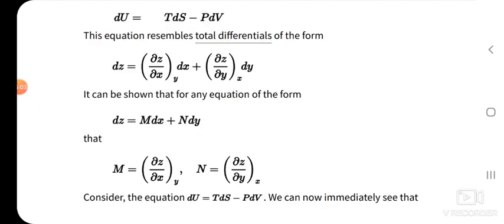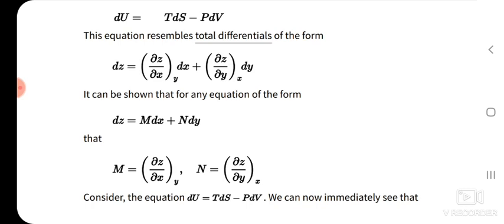So the differential form of internal energy U is dU equal to TdS minus PdV. This equation resembles the total differential of the form dz equal to dou z by dou x at constant y into dx plus dou z by dou y at constant x into dy.